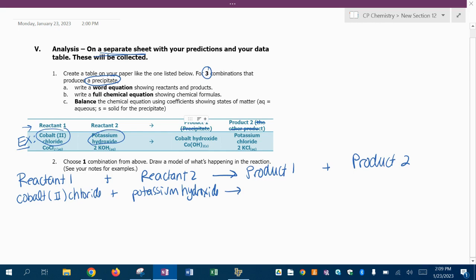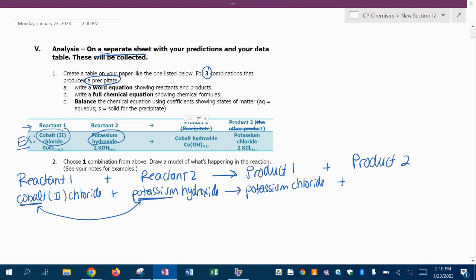Remember, in a double replacement reaction, we take the cation, for the first thing, the metals, and we switch spots. So cobalt and potassium are going to switch spots. So for product 1, I'm going to put potassium where cobalt was, and then I keep the chloride. So potassium chloride is my first product.